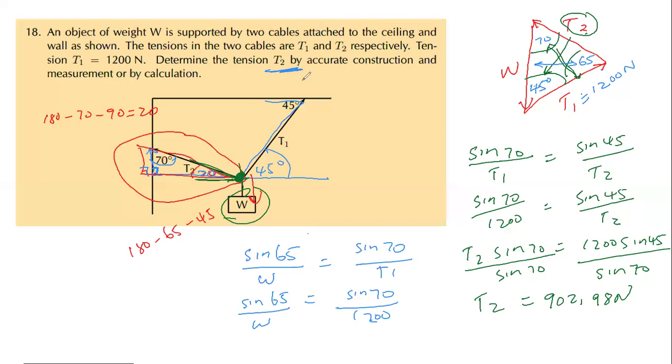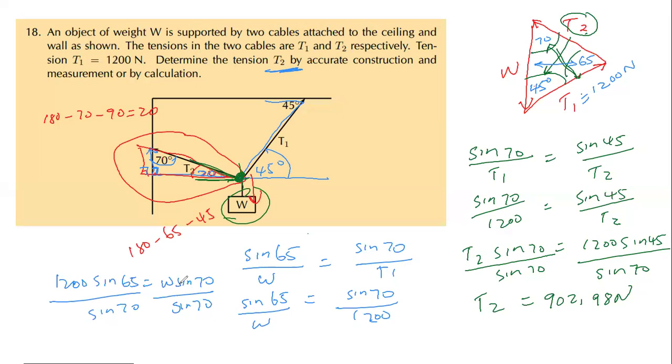Okay, let me see on the chat. Oh, someone got 1105. Let's see if we're going to get that. So now it's going to be what? It's going to be 1,200 sine 65 equals W sine 70.